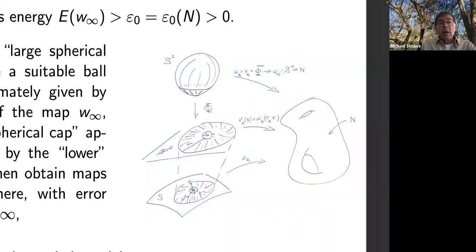So here we are at the concentration point pk. And we choose coordinates so that pk in our coordinate system corresponds to x equals 0. Then we have this small radius rk, and we're looking at a scale L times rk. So we just take a still small ball, but of size L times rk. So rk is tending to 0.